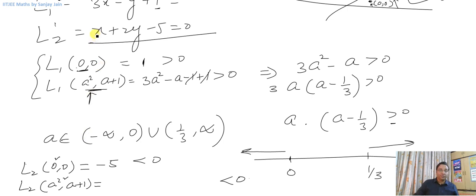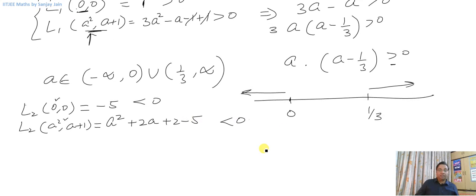If I put a squared, a plus 1 in L2, I'll get a squared plus 2a plus 2 minus 5. So I've got another condition, which is a squared plus 2a minus 3 less than 0.